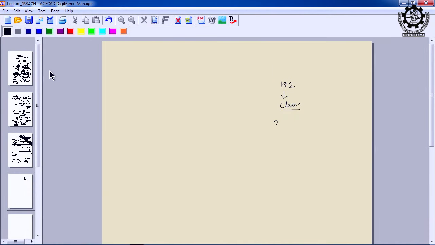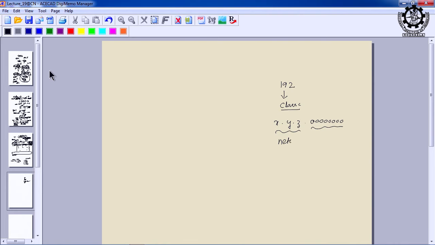Class C means x.y.z is your network address, and the rest, let us say 00000000, is your host ID, right. So this is your net ID. This is just an example; we will work out the other example later.